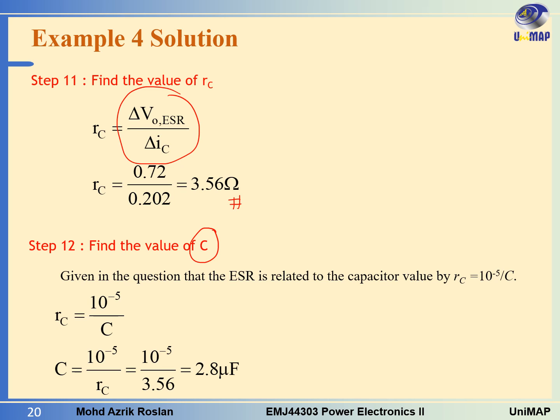The equivalent series resistance is related to the capacitor value by RC equals to 10 to the power of minus 5 divided by C. So when you want to find C, it is equal to 10 to the power of minus 5 divided by RC, and RC you already got the value of 3.56. When you divide 10 to the power of minus 5 by 3.56, you will get the capacitor value of 2.8 microfarad.